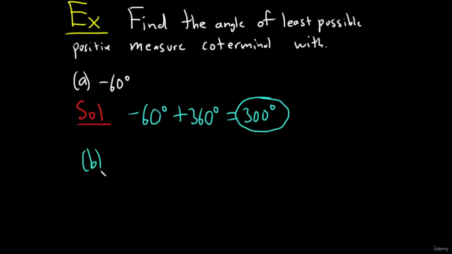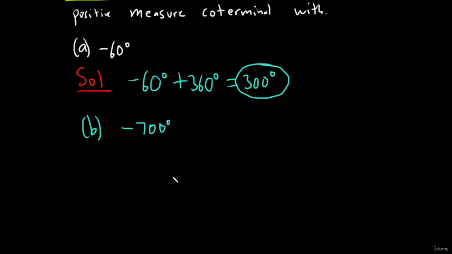Let's do another one. How about negative 700? What could that be, right? I actually don't know. Let's find out. In this case, we start by adding 360, because again, we're trying to get to a positive angle. I'm going to put this in my calculator. Negative 700 plus 360 is negative 340.